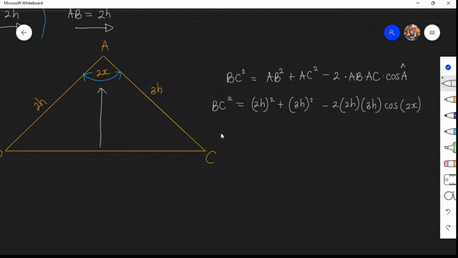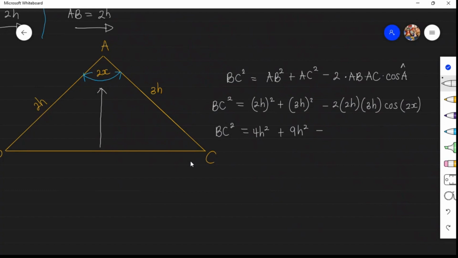Now, we need to simplify the right-hand side. So 2h all squared. Keep in mind that you square everything within the brackets. So the 2 will get squared and the h will get squared, leaving us with 4h squared plus 9h squared minus, now we're going to multiply 2 times 2h times 3h.